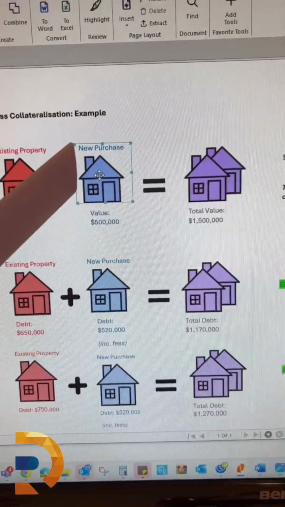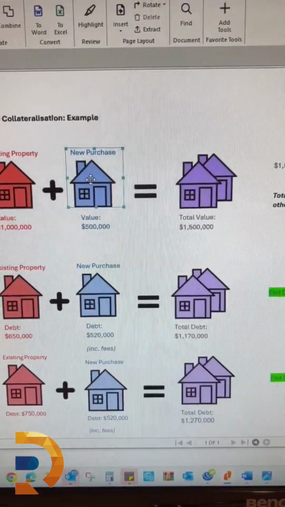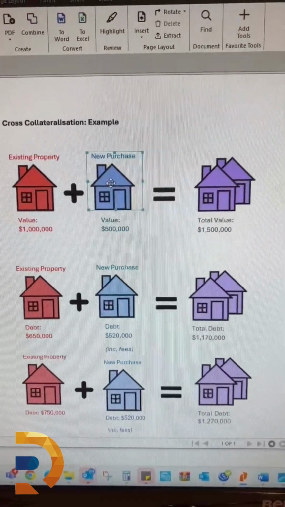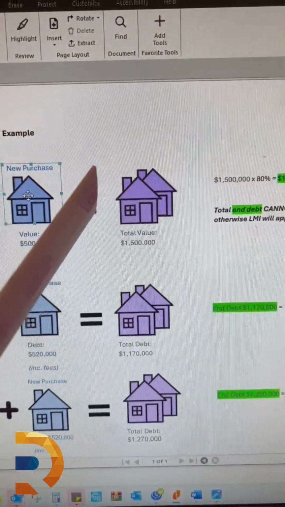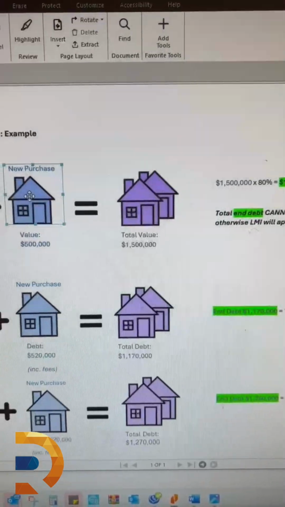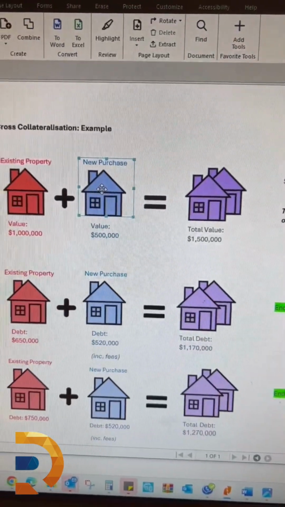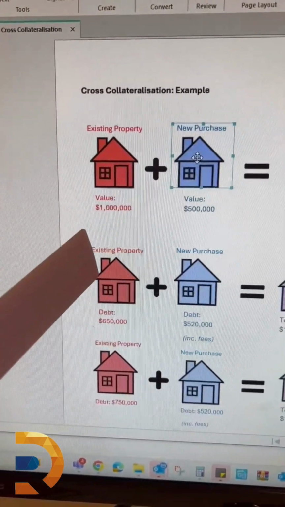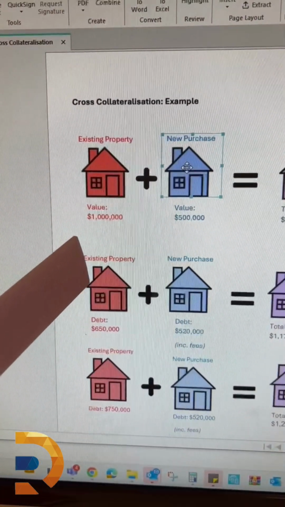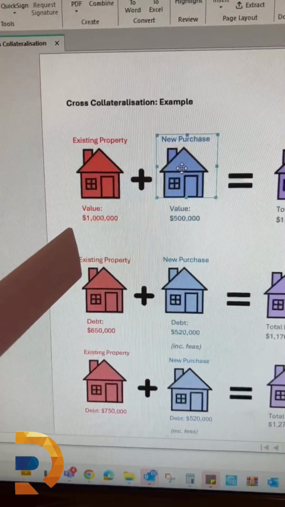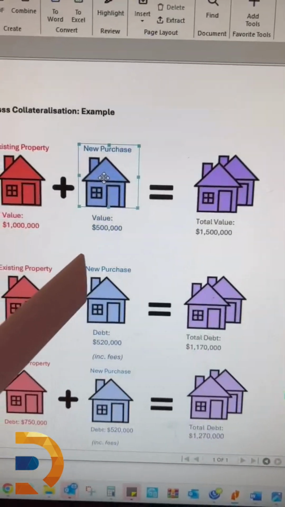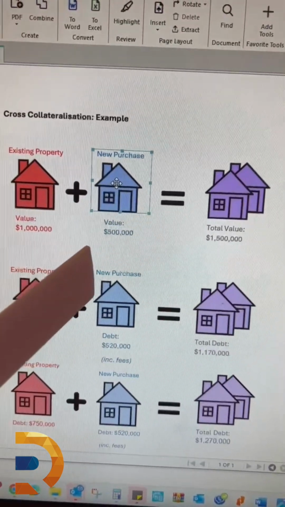And then next to it, the little blue house is the one you want to buy. And that house is going to cost you $500,000. So you will end up with two houses and the value of those homes will be $1.5 million. Then underneath that, you've got your existing mortgage. So let's say you owe the bank $650,000. And on the little blue house that you're trying to buy, you're not going to use any cash.